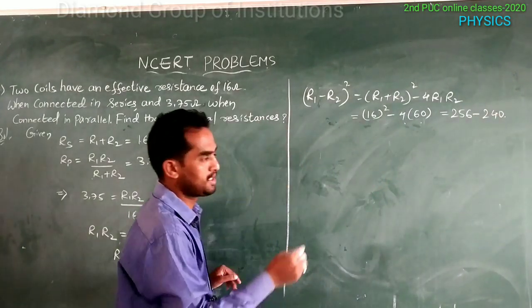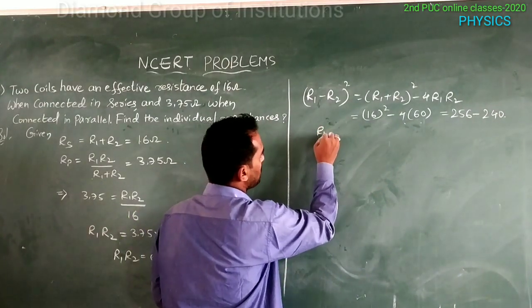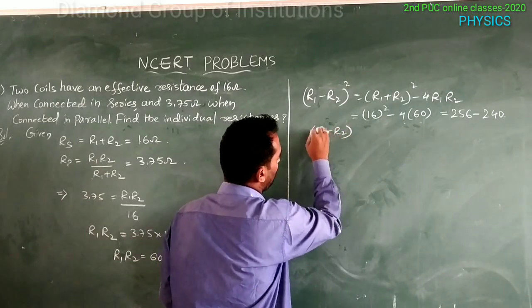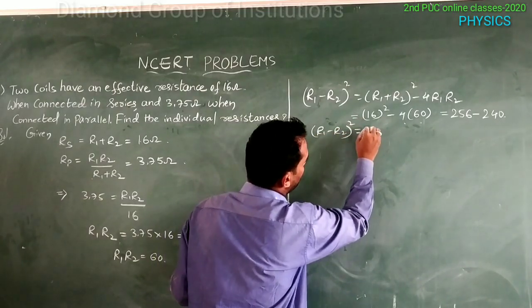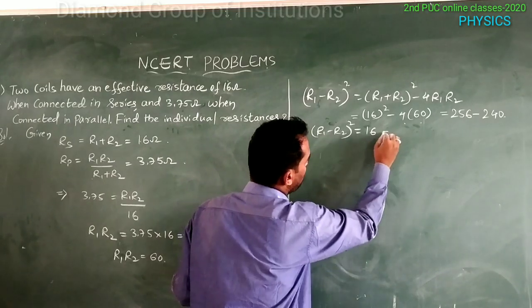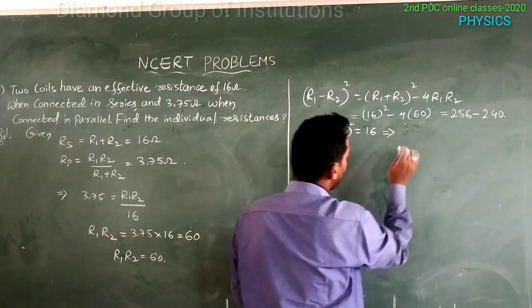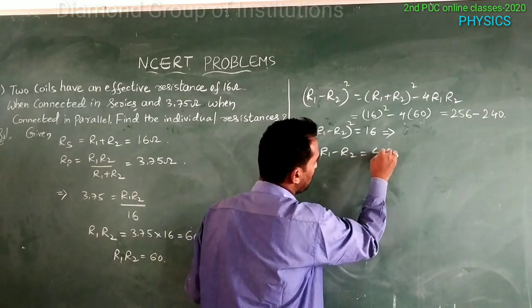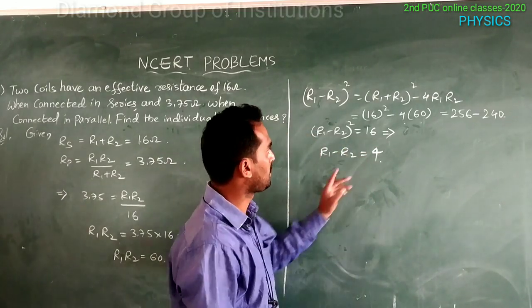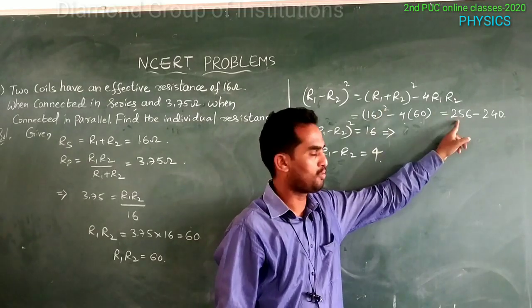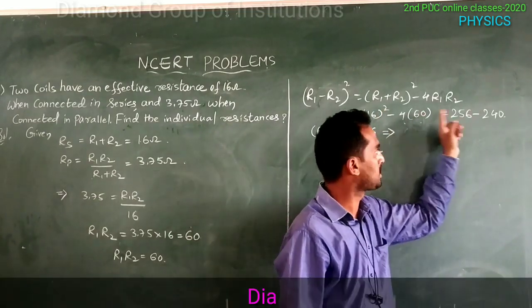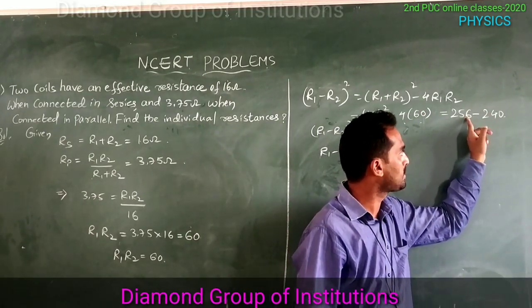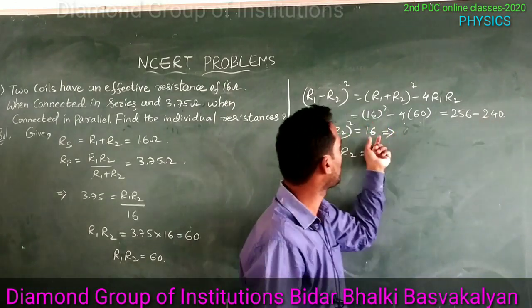So 256 minus 240 becomes 16. So R1 minus R2 whole square equals 16.